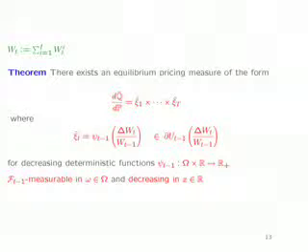Okay, so the pricing measure will be of this form. So the Radon-Nikodym derivative will be a product of one time step equilibrium transition densities, which I call xi hat 1 to xi hat capital T. And at time little t, the one time step equilibrium transition density will be of this form here.